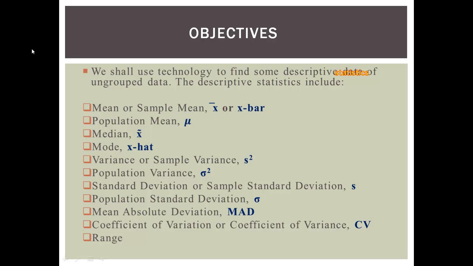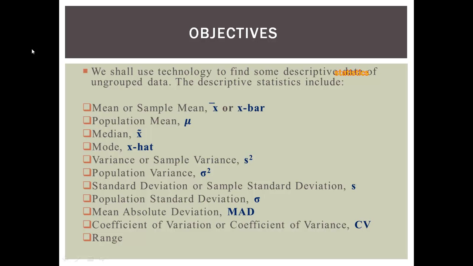The variance is the same thing as sample variance, which is a lowercase letter s raised to the second power, or s squared. Then population variance, which is also a Greek letter, known as the small sigma, all squared.